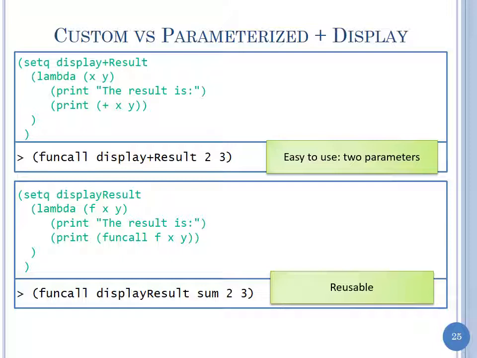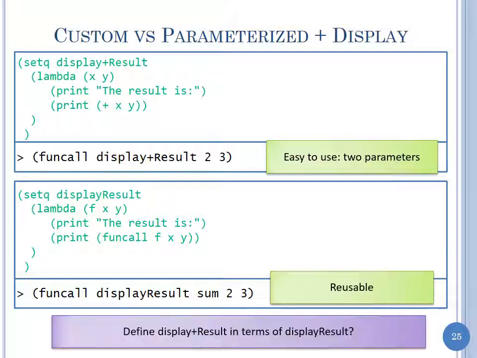One is to define a new display plus result that takes this list and this. Otherwise, I can define a new display plus result that does what? Okay, let me put it more concretely. Define display plus result in terms of display result.